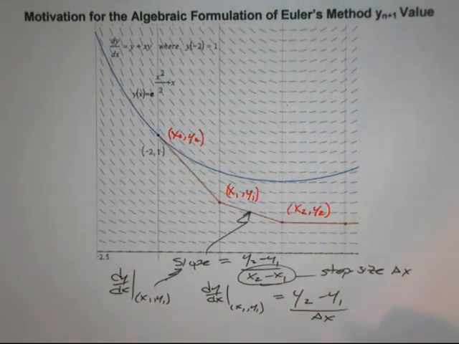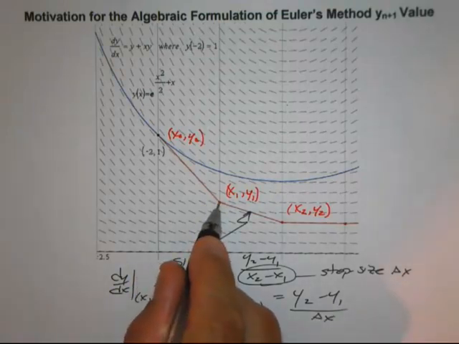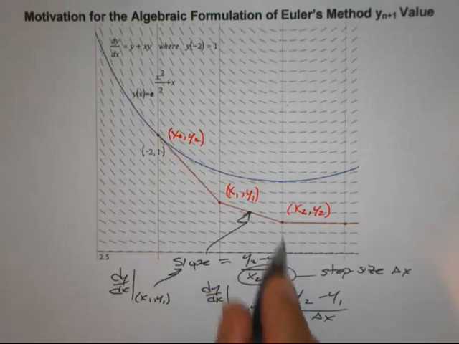Okay, now the thing you need to genuinely compute in an Euler's method approximation is the right-hand y coordinate. y1 is actually known to us because we've already gotten to this point. But y sub 2, the future y coordinate, is what's unknown.